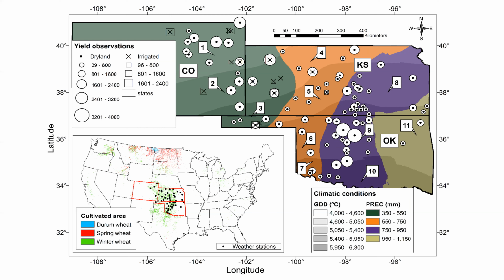And really, do we really need to reinvent the wheel, or can we look back into this historical data and learn from it? That's what we're doing here. Because this region is so diverse in weather patterns, what we did here was to group locations by weather pattern. So you see that we have 4 different colors: green, orange, purple, and kind of brown. Those colors are rainfall gradients, right?